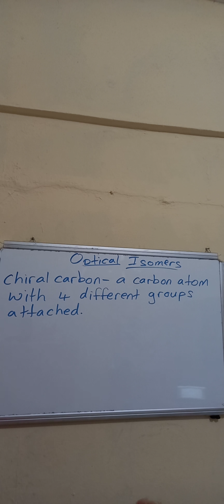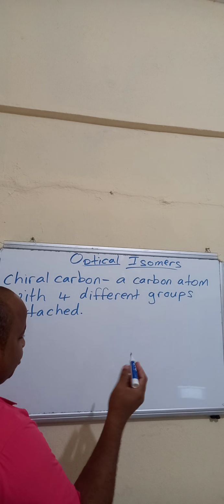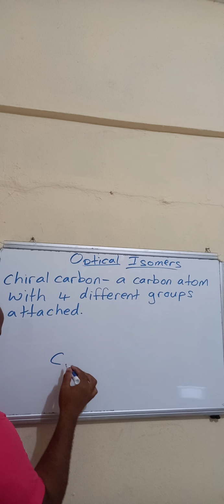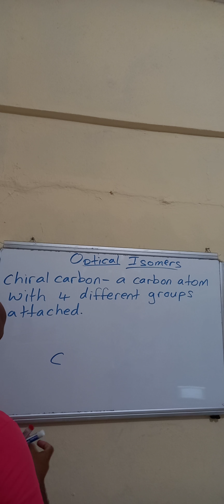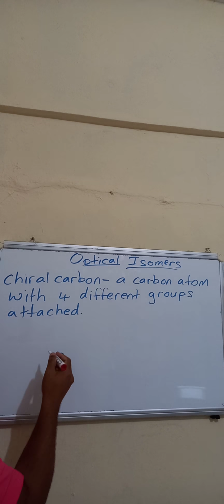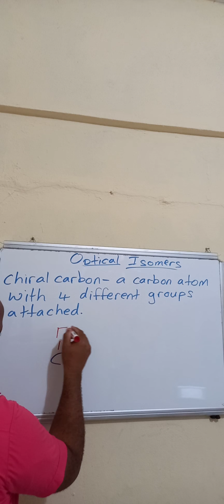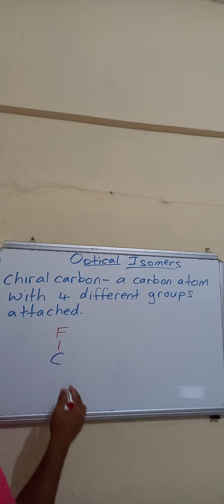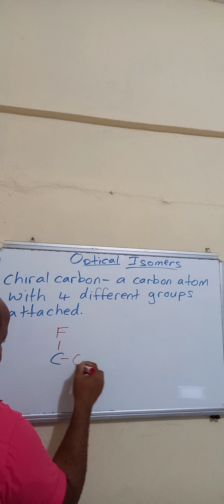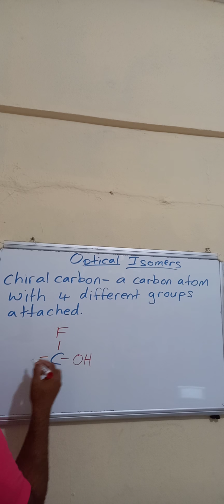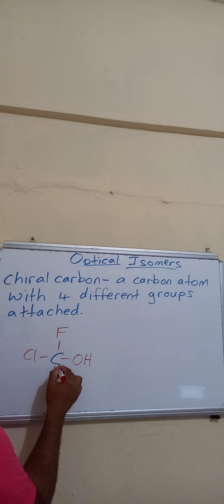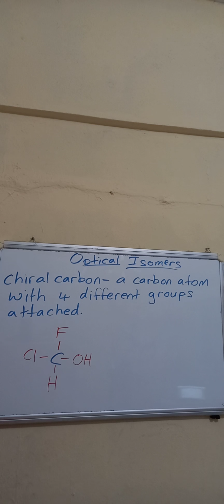So the simplest example, we will just have a compound with 1 carbon, and we are going to put 4 different groups on it. A group can be an atom or more than 1 atom. So we're going to start off simple, alright? So here, it's a carbon atom with a fluoro, a chloro, a hydroxy, and a hydrogen group. So for 4 different groups, this is a chiral carbon.